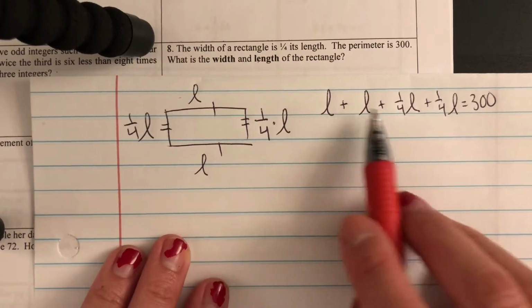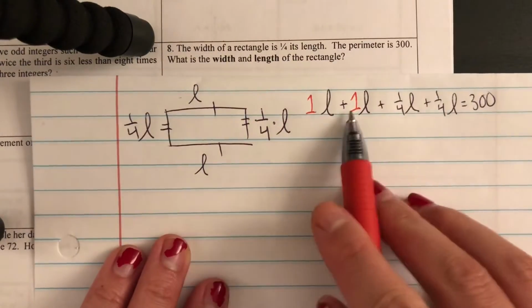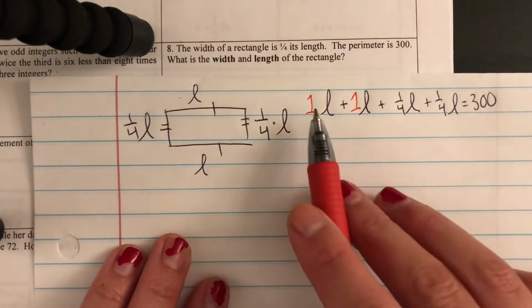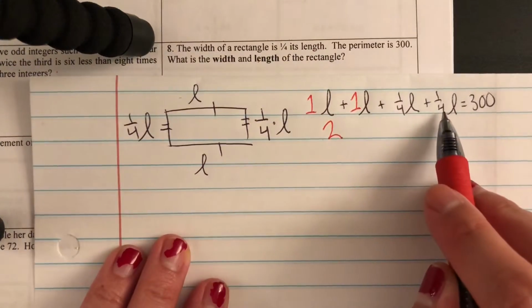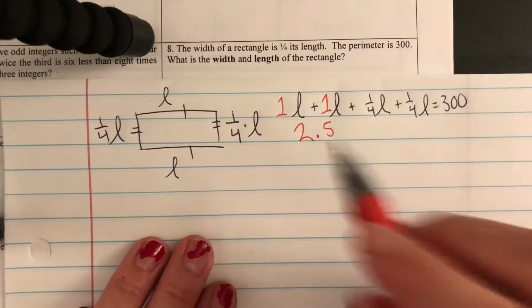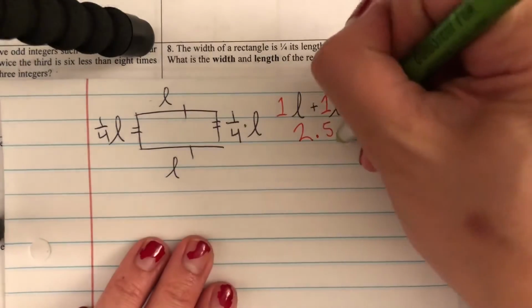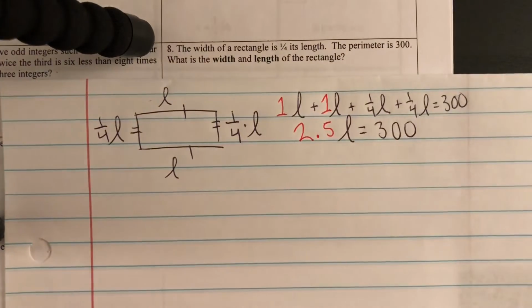The number in front of L is 1. So when I combine 1, 1, 1/4, and 1/4, 1 plus 1 is 2. And 1/4 plus 1/4 is 2/4, which is 1/2 or 0.5. I drop down the variable, which is L, and that all adds up to equal 300.